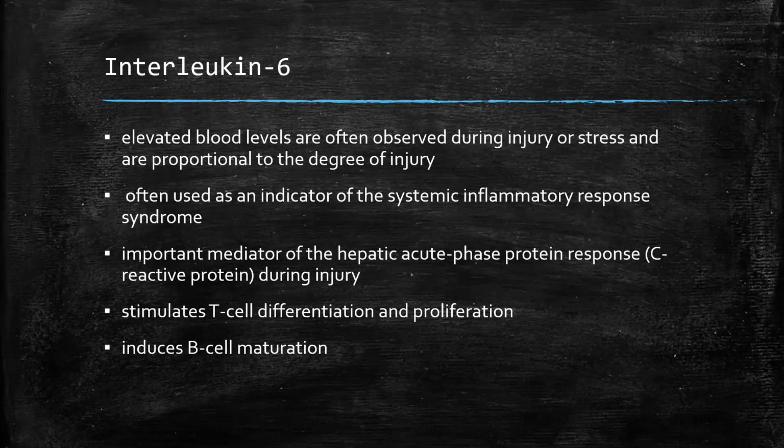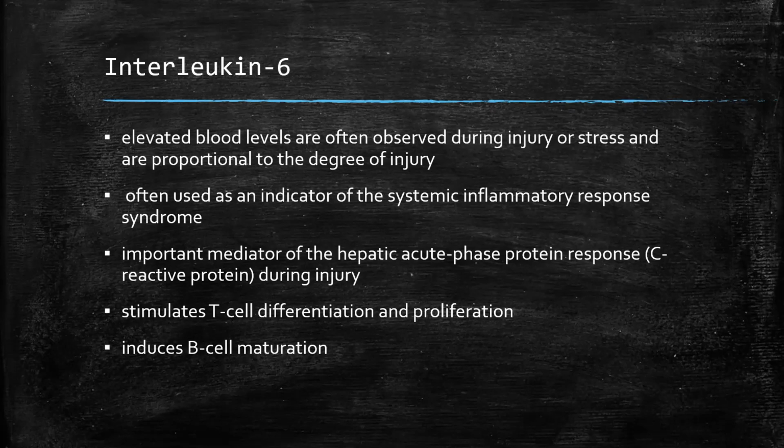Interleukin-6 is sometimes used as a marker in research-type ICUs that do a lot of work in sepsis and multiply injured trauma patients. This can be measured. Interleukin-6 really goes up in proportion to the degree of injury. And so some centers will use this as a marker of an inflammatory response type syndrome or a septic syndrome, and they will follow this and try to correlate it with the degree of sepsis that they are seeing.